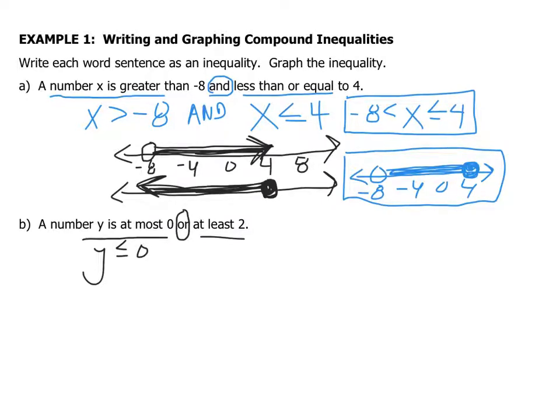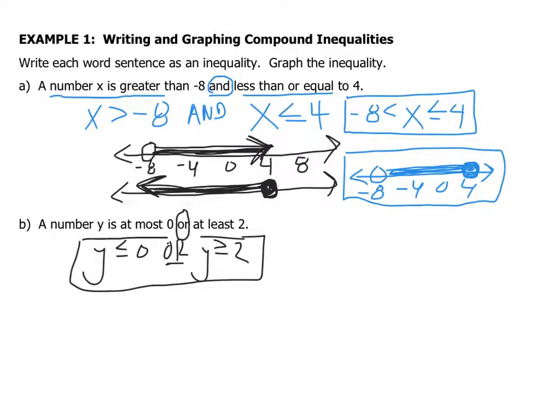At least 2 means y could be 2 or greater than. And this good old or statement means we'll take them both. This one doesn't get written differently; we don't combine them together. So the written answer would have each inequality separate with the word or in between them.